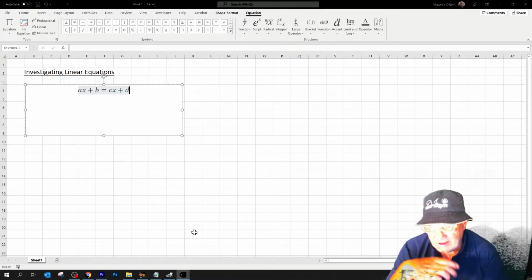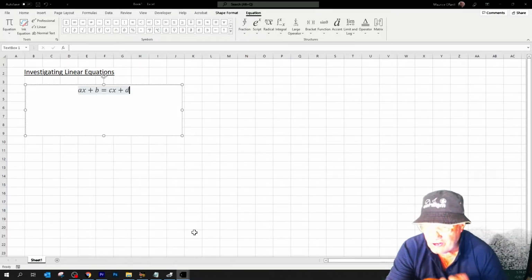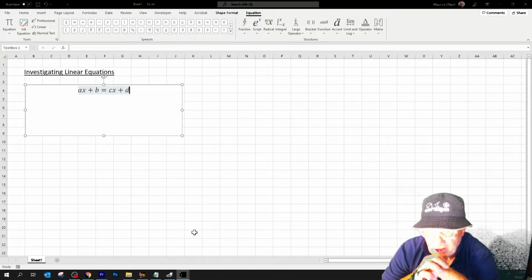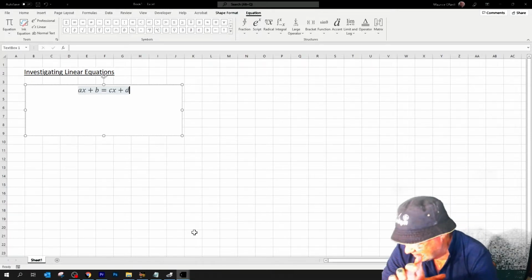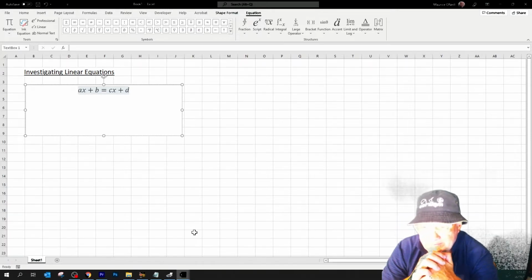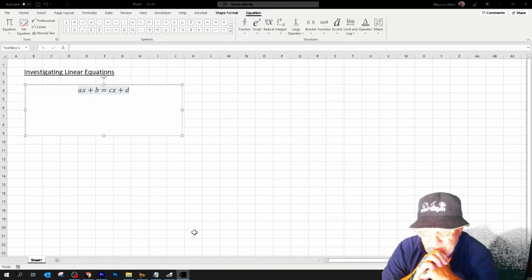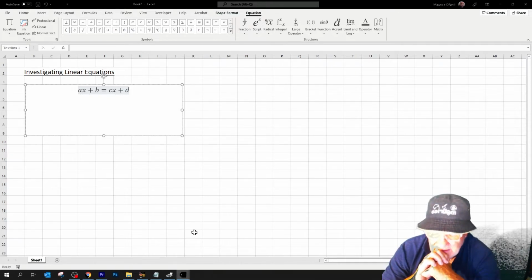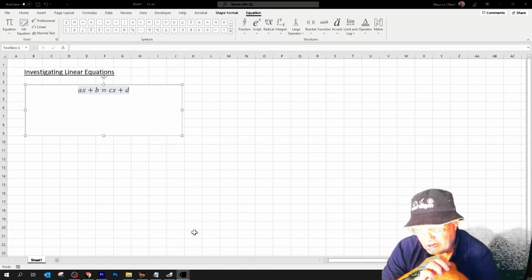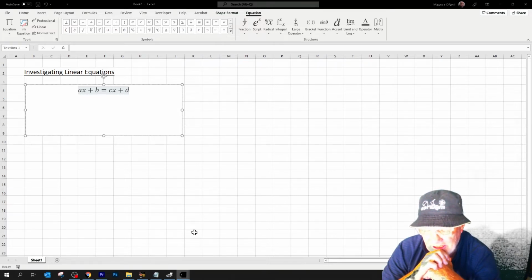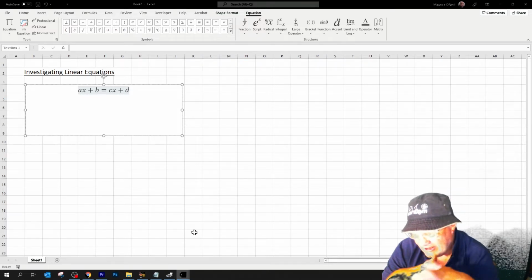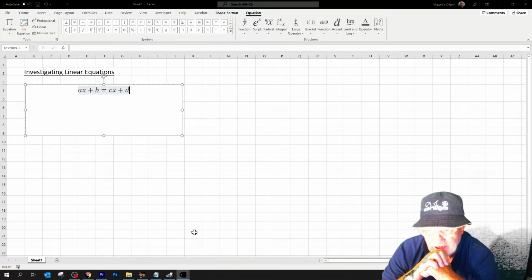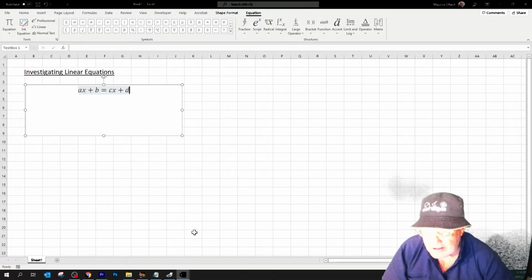And as we'll find out, this enables us to pretty much create any linear equation. Essentially an equation of a straight line. So an equation that creates a straight line. So yeah, we're going to put that in there now.